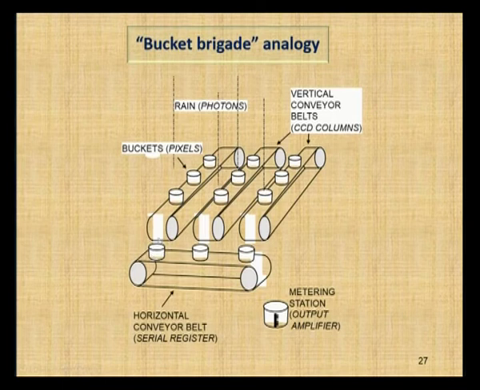The vertical buckets will move like this and the horizontal will move like this. For every movement of the vertical, the first row pours its charges into the horizontal conveyor belt, and this horizontal conveyor belt pours all the charges into the amplifier. This is how the analogy works.